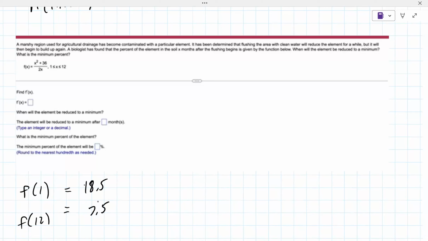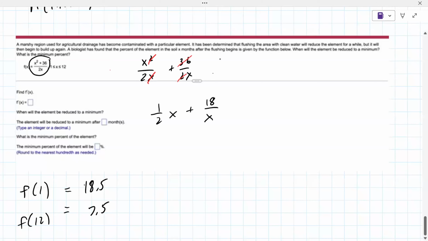So now we have to take a derivative. One of the things about this one is there's a shortcut to taking the derivative. You can divide both top terms by the 2x, and that'll save you a little bit of effort on the derivative. The reason that helps so much is that one of those x's on the top cancels one on the bottom. Over on the right, 36 and 2. So you end up getting 1/2 x plus 18 over x.